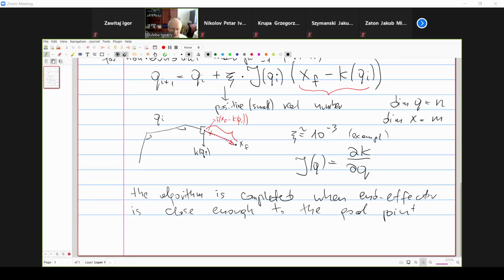If you need a mathematical formulation for this fact, it is quite simple, because we calculate distance. So we take the length of this vector, and if the length is smaller than a given accuracy, so we stop our calculations.